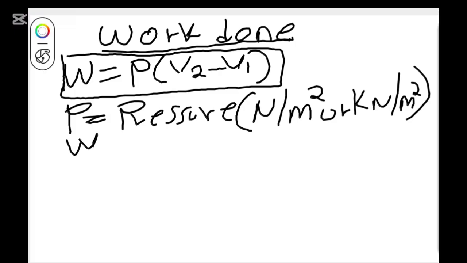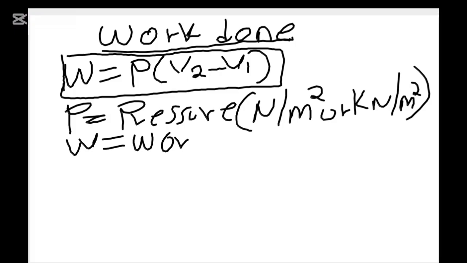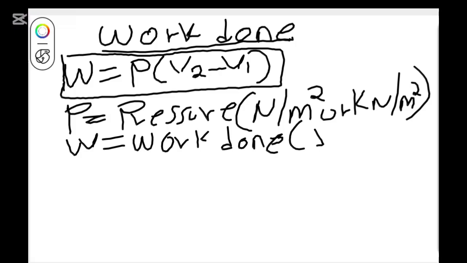And you have to take note that W, which is work, stands for work done, and work done is measured in joule or kilojoule. So you have to take note of that.